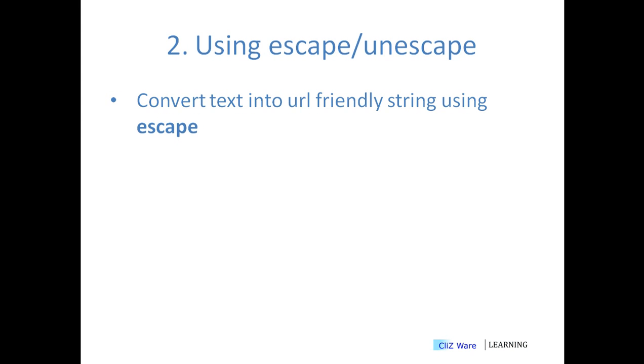So it's adjusted for the URL, and therefore in that case we can use the escape function. Here, document.write, and then we type escape and enter the text we would like to convert.